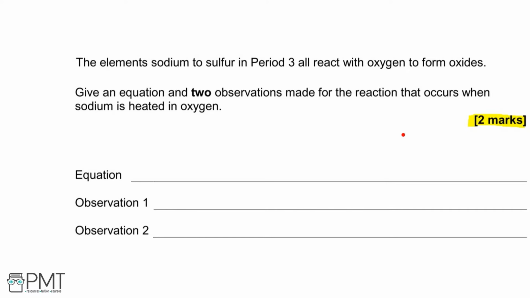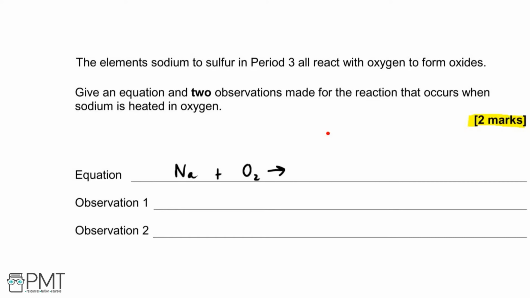So to begin with, we need the equation. We're told that sodium is heated in oxygen, and that the elements in period 3 will react with oxygen to form oxides. So even without prior knowledge, we could easily determine that we're going to see sodium plus oxygen produce sodium oxide.